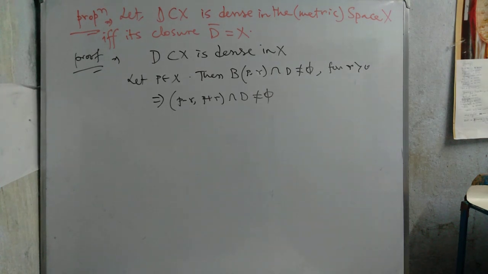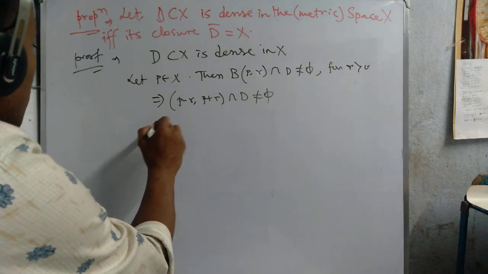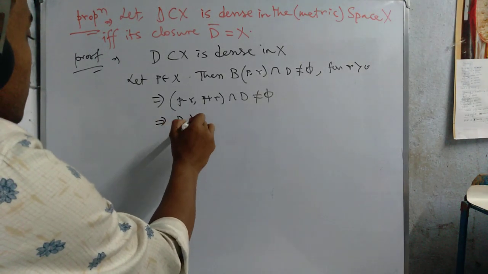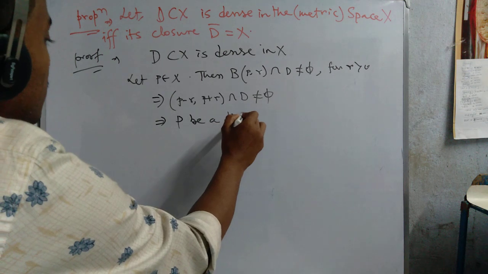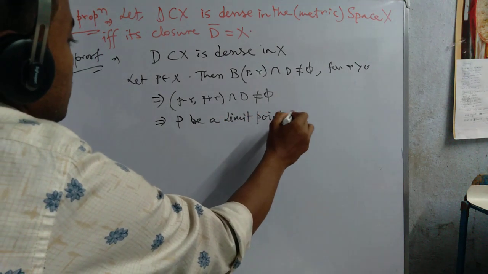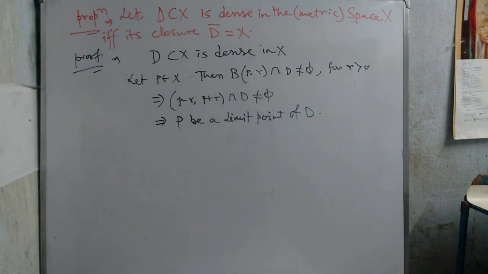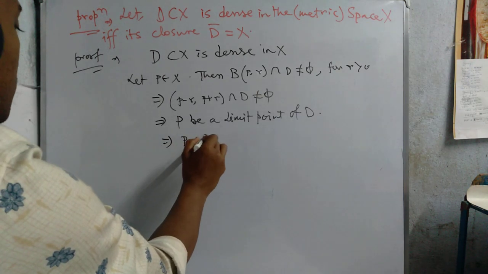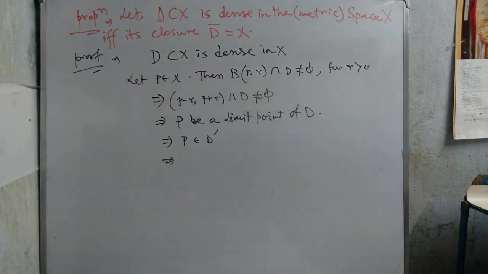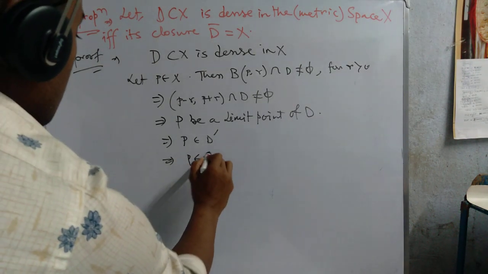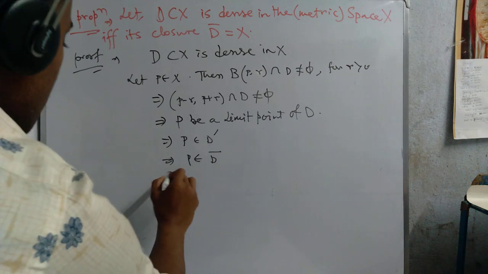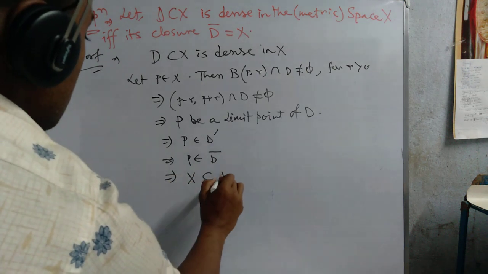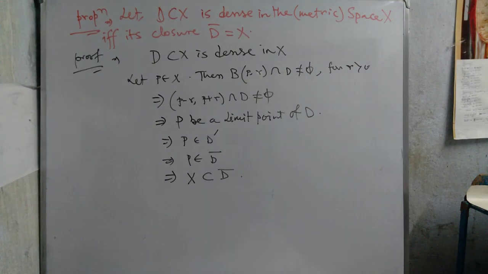This implies P is a limit point of D, so P belongs to D dash. This implies P belongs to D closure. Okay, this implies X is a subset of D closure. Understand or not? Understand. So easily we talk about this.